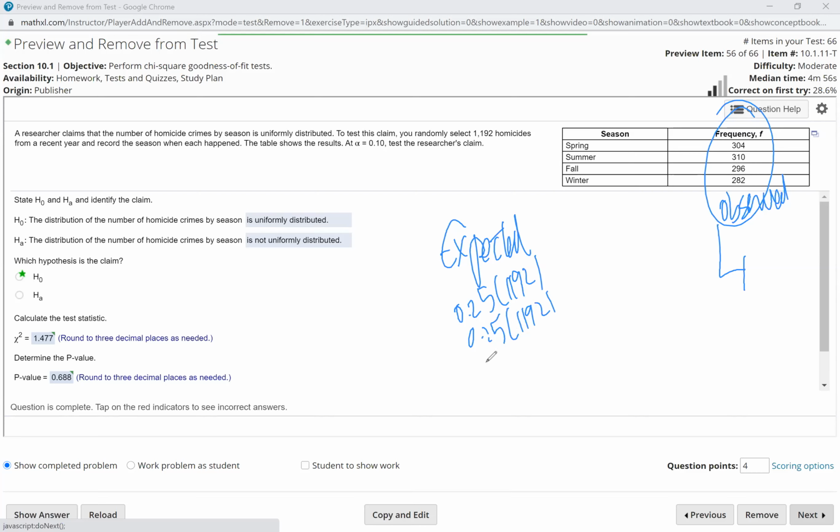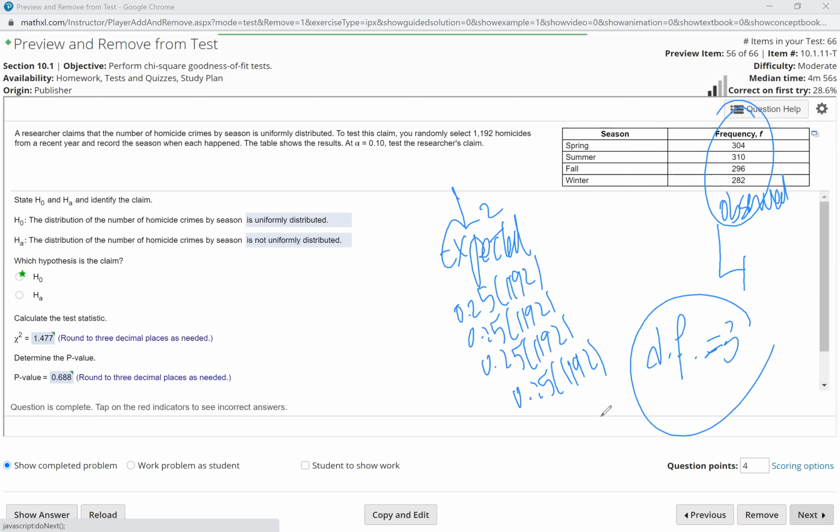You don't have to do it twice, but it is the same. That goes to L2. Degrees of freedom: when you run the goodness of fit test, it's 4 minus 1, which is 3. All right. So then you get the test statistic and the p-value, and you make a decision based on that.